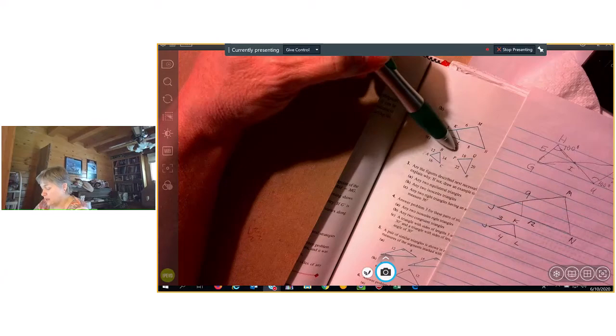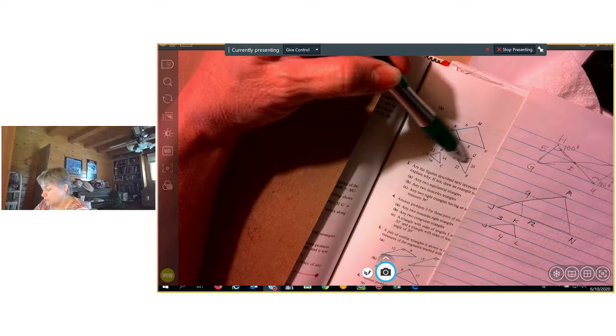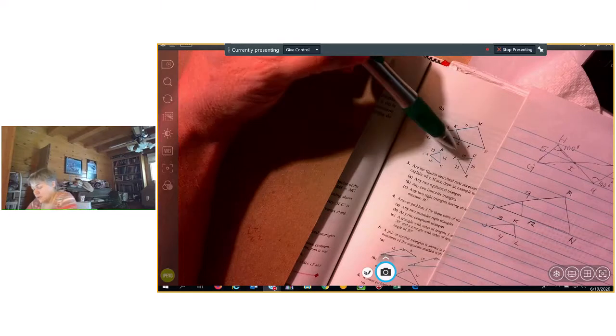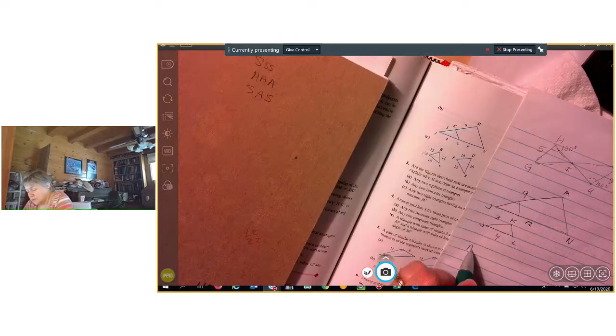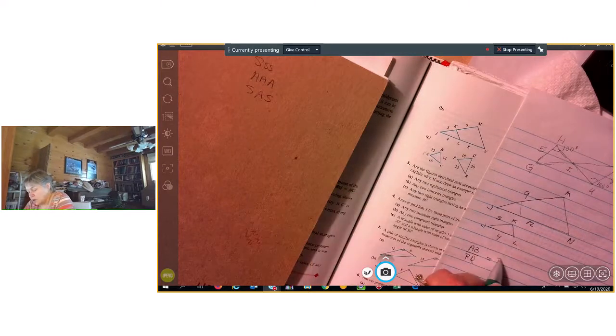So they're saying that AB is congruent to PQ. So if we're saying that AB is in proportion to PQ, then that should equal BC in proportion to QR. So let's write these off.